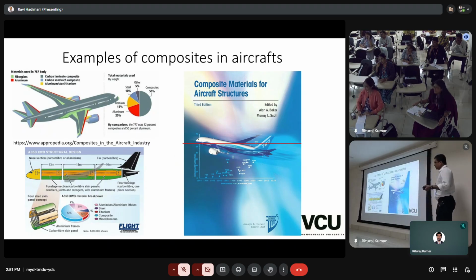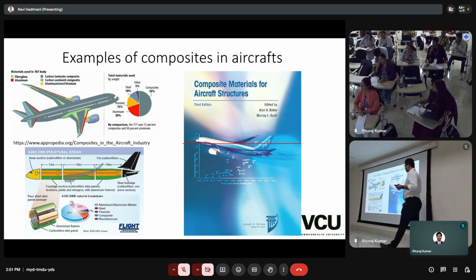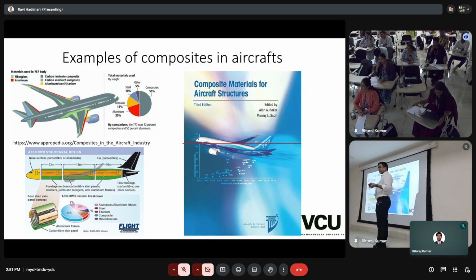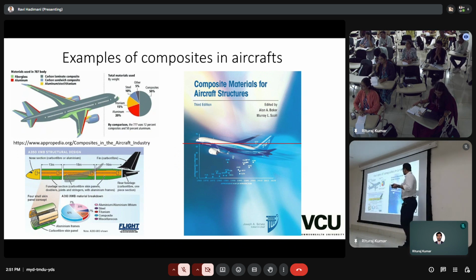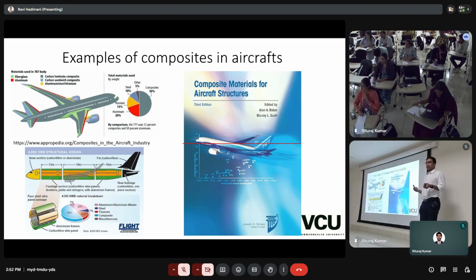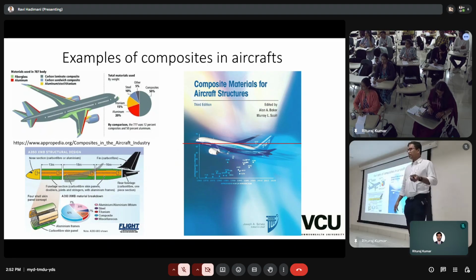Okay, so we talked about what is one of the biggest limitations of composites. If the material properties are better, why don't we all use composites? Yeah, unpredictable. It's very difficult to predict the strength or other properties of a composite material.